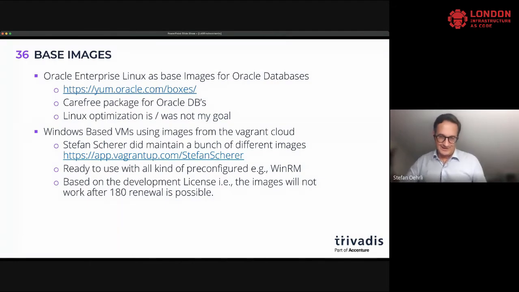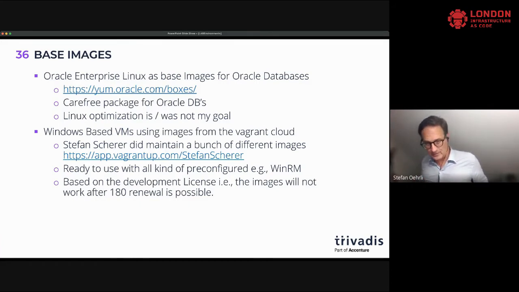I was just a lazy DBA, and I said if I have to set up Linux and an Oracle database on Linux, I just use the Oracle Enterprise Linux Vagrant image, which is provided by Oracle. So I don't have to care. I call it a carefree package for an Oracle DBA. I have a Linux which is working. It's probably not the best and optimally configured Linux, but it's simple, straightforward, and can be used quite fast.